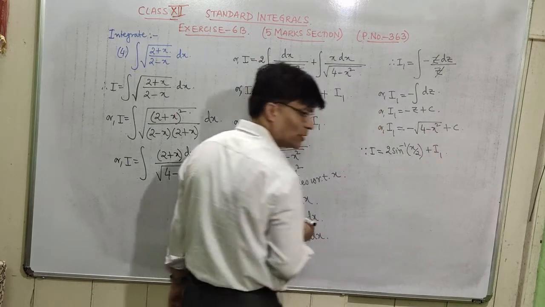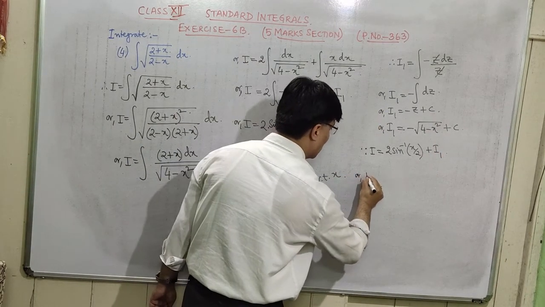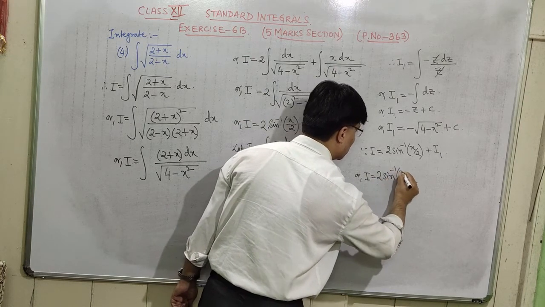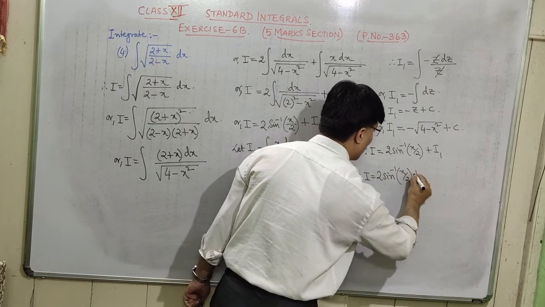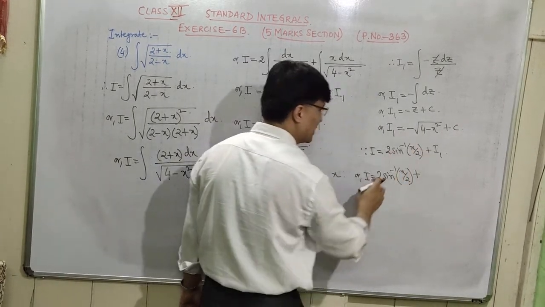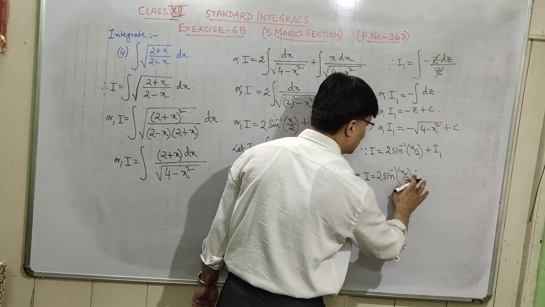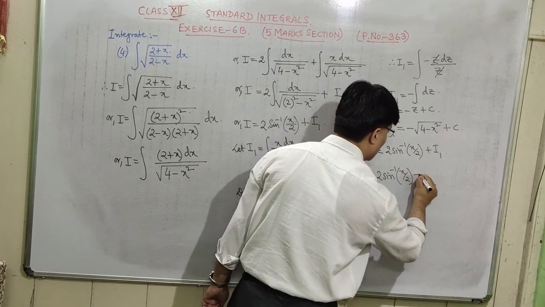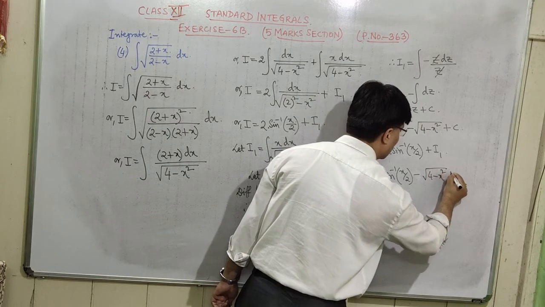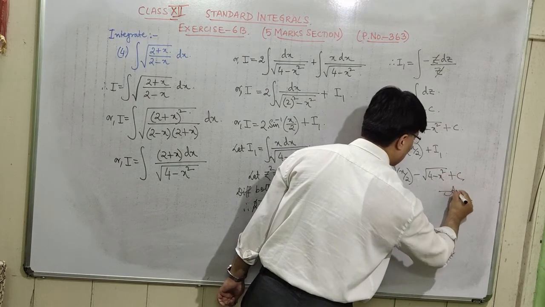So I is equal to 2 sine inverse x by 2 plus, what is I1? Actually I1 is minus, so plus into minus is minus sign. So it is minus root over 4 minus x square plus c.